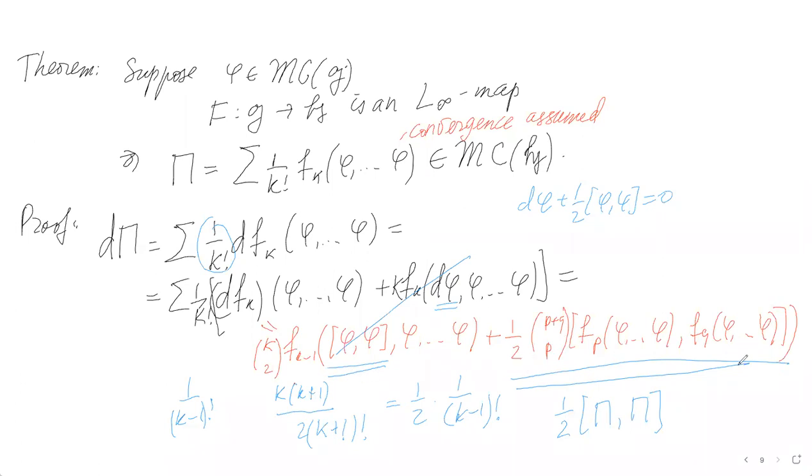Okay, so what we have proved is that, up to the sign, which I totally omit, we have d pi plus 1/2 [pi, pi] equal to 0. That's precisely the Maurer-Cartan equation. That's all.